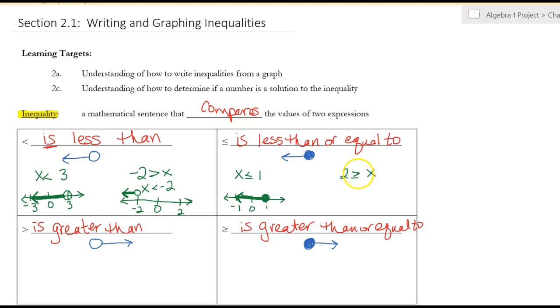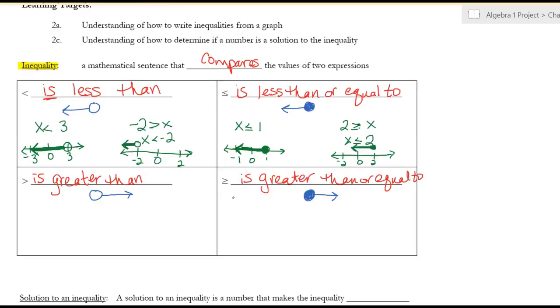Or they recognize that, oh, it's pointing to x, so that means x is less than 2. They read it backwards. But a lot of people do like to switch it, and it does not take much time to switch it. So now at 2, it's a closed circle, and it goes to the left. So again, you can decide if you like to draw it on the number line or a little bit above the number line.